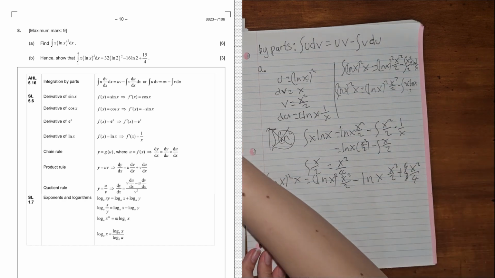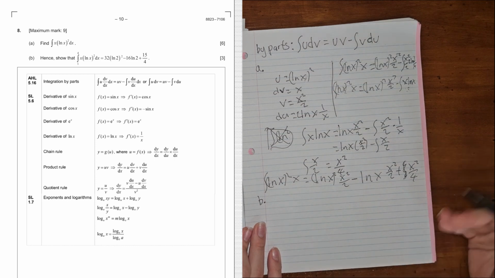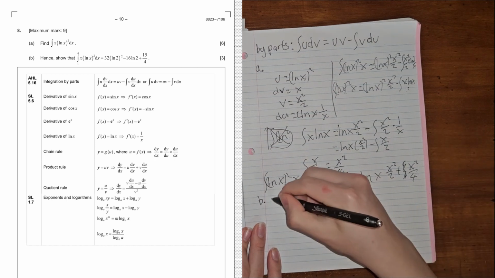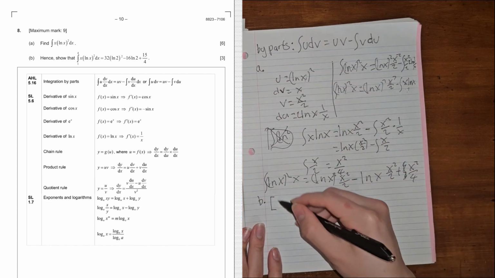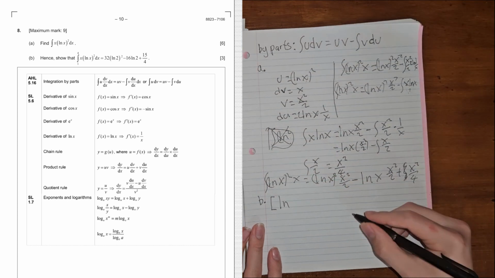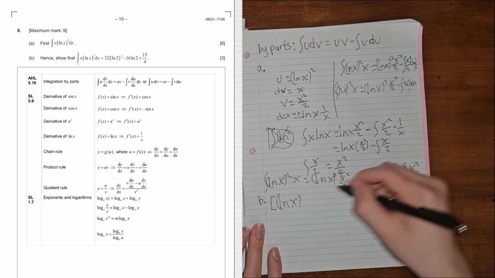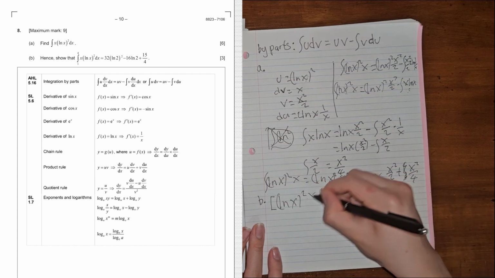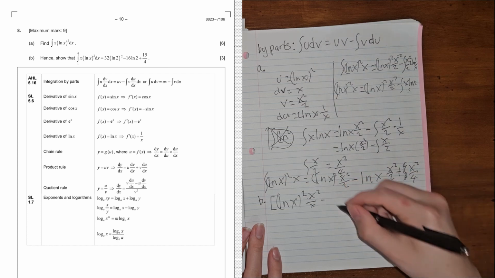Now we're doing part B. Hence show that. What we're going to do here is put square brackets around the already integrated form, because we don't want to potentially lose marks depending on how strict the mark scheme is, because it varies a lot.